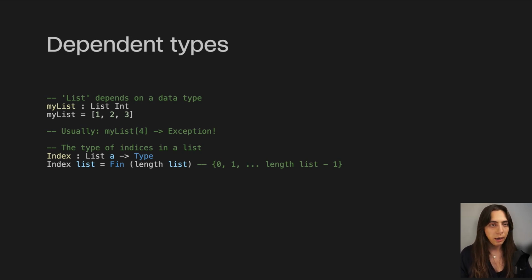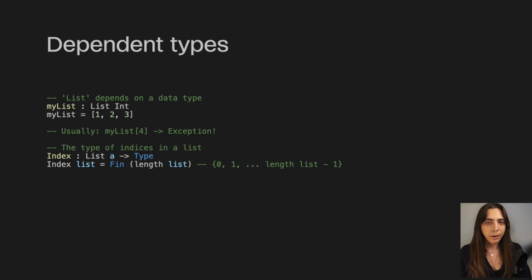And the type it produces is what's called in this language Fin of the length of the list. And Fin, if you're a mathematician, is the finite set or the finite type with a certain number of elements. And the number of elements is the length of the list. So we're programmers, we start counting at 0. That means this type contains the numbers 0, 1, 2, and so on until the length of the list minus 1.